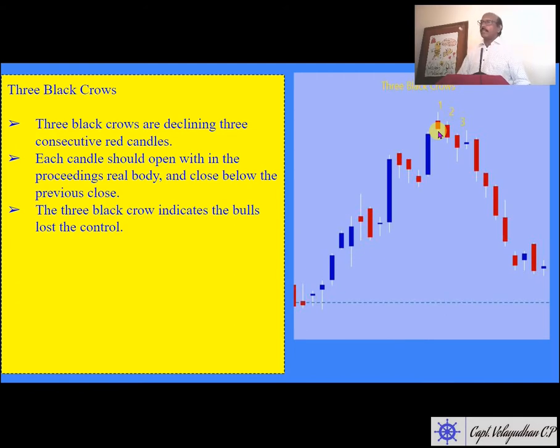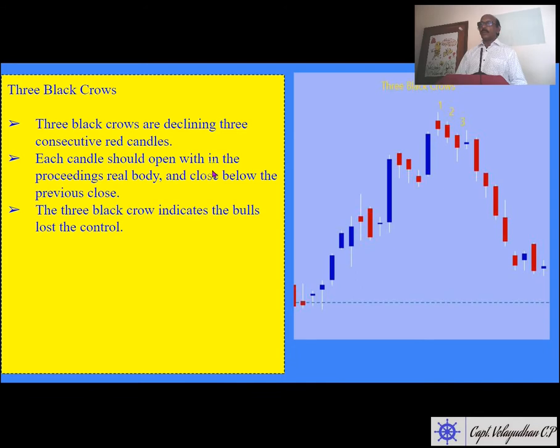It formed a red candle. Then the second candle also gapped up at the open, then closed below. The third candle also gapped up, then closed below the close of the previous candle. There are three candles in the same row. It is called three black crows.